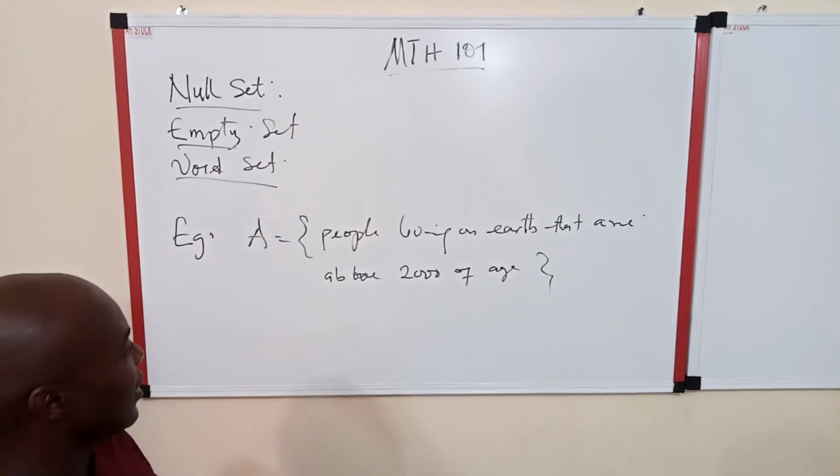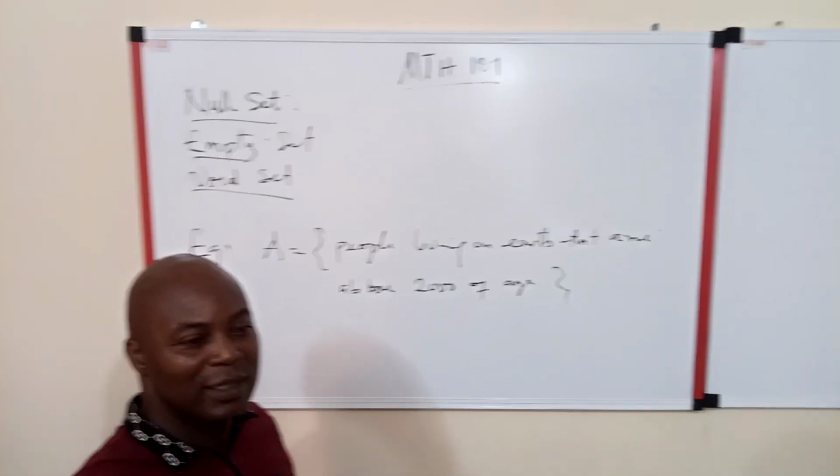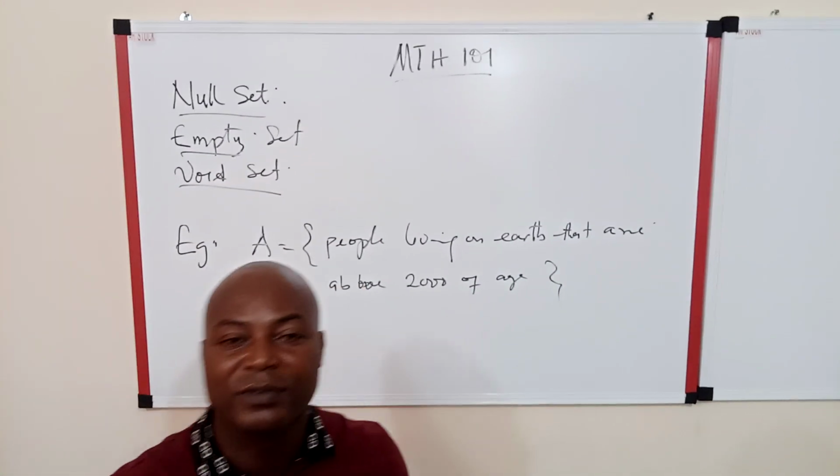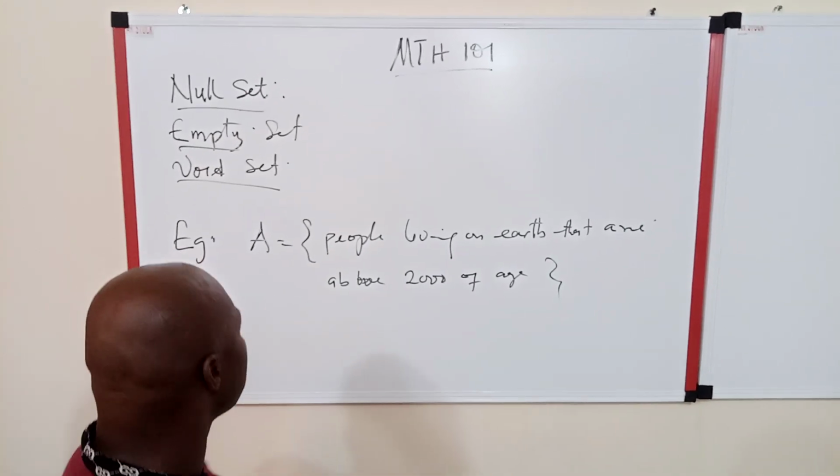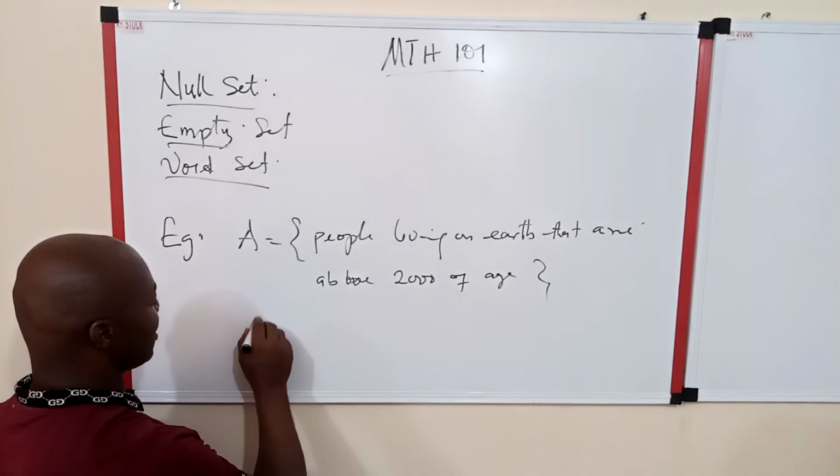You can see that there is no human being on Earth that lives above 2,000. So such a collection is empty.